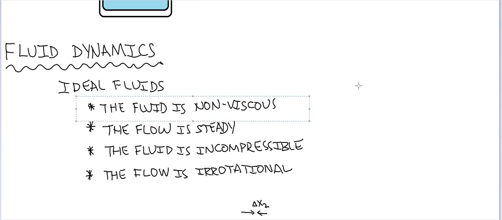Viscosity is fluid friction. The flow is steady. By this I mean that the flow lines of fluids aren't going to cross each other. We're going to assume that the fluid is incompressible, and we're going to assume that it's irrotational. We don't have to worry about little eddies.